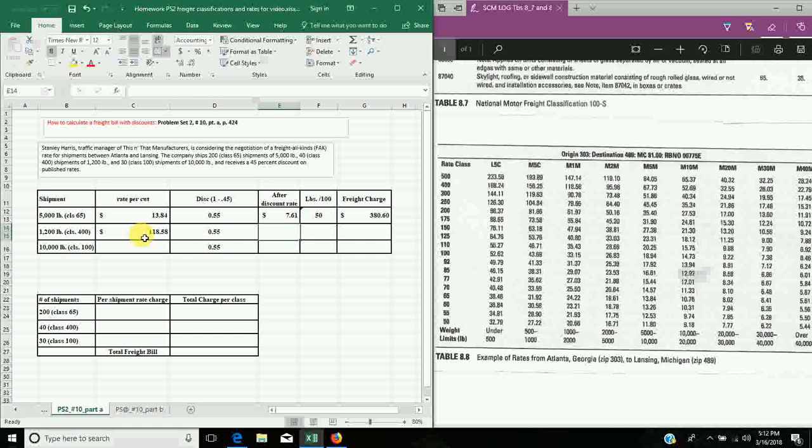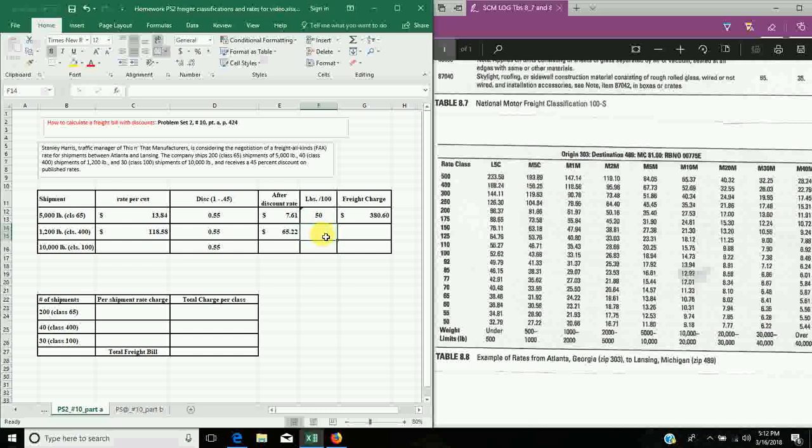Remember, we're getting a discounted rate, 45% off, so that's 55. So I'm just going to copy this here. And we have a new discounted rate of $65.22. What is our hundredweight?